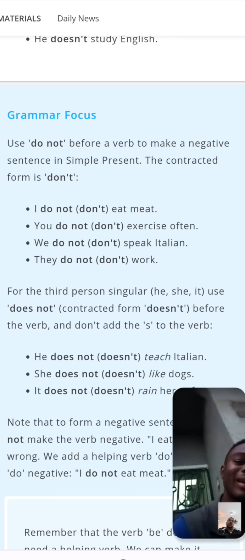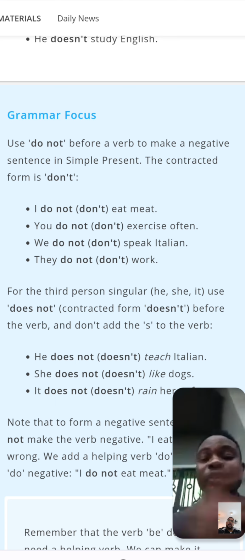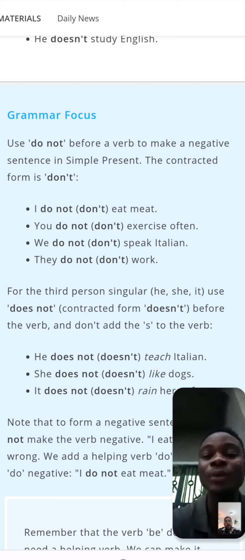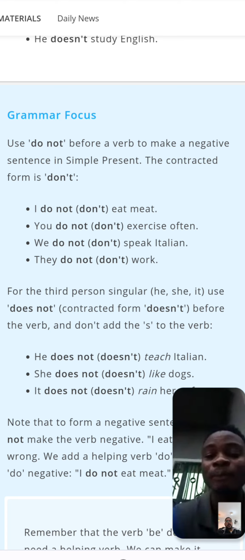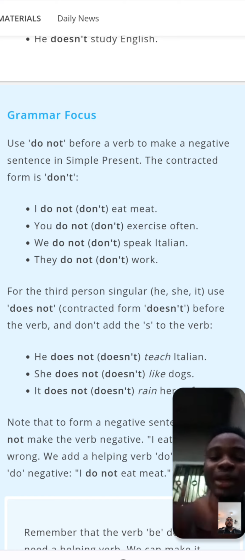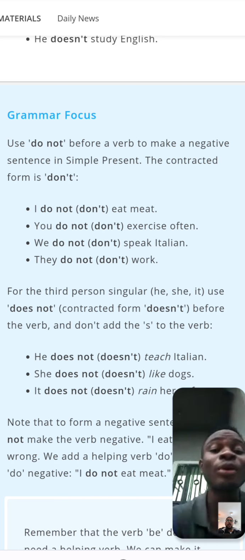Now to make it negative, what indicates a sentence is negative is the word not, because that is a negative word. It's an indicator of something being negative. When we talk about negation, it means refusing or denying something. We place that before a verb.